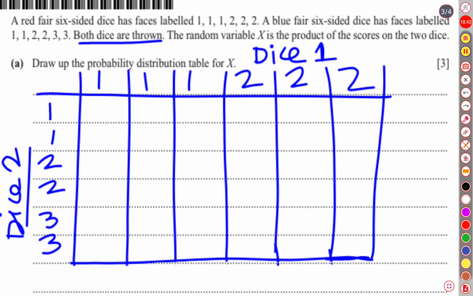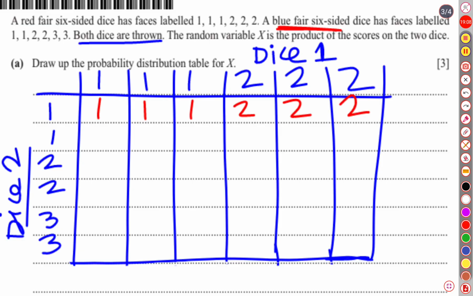Our variable is the product of the scores, and product means multiplication. So let us do multiplication. If we multiply the faces of the red dice by 1, it is all the same: triple 1 and triple 2. The second one is also triple 1, triple 2.